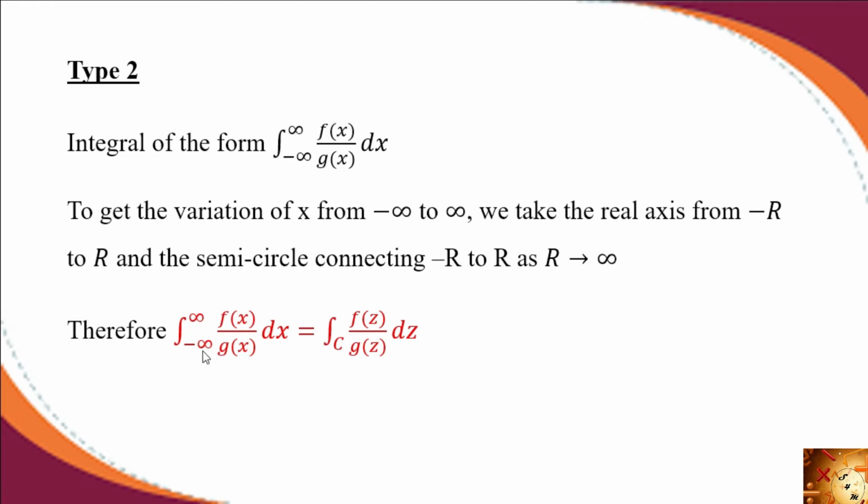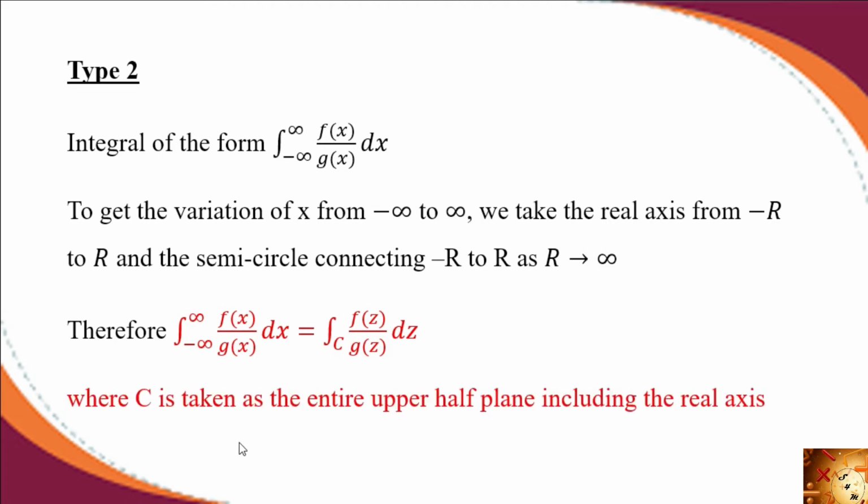That is, integral minus infinity to infinity f of x by g of x dx is equal to integral over c f of z by g of z dz, and this region is taken as the entire upper half plane including the real axis, which means a semicircle connecting minus r to r as r tends to infinity means the entire upper half plane including the real axis. Okay, so this is the type 2 integral.